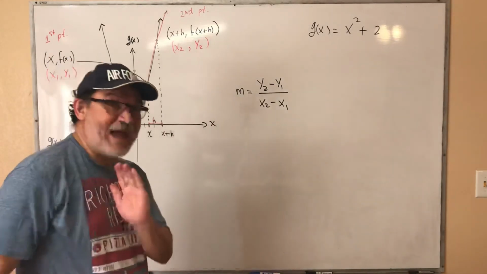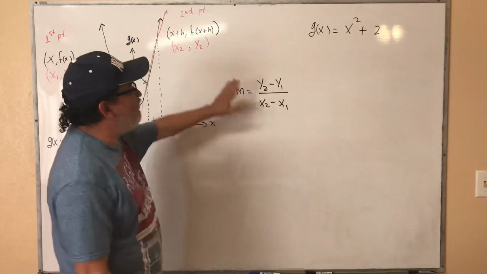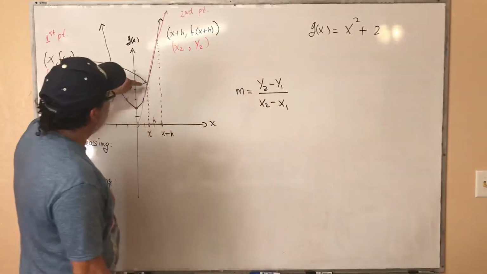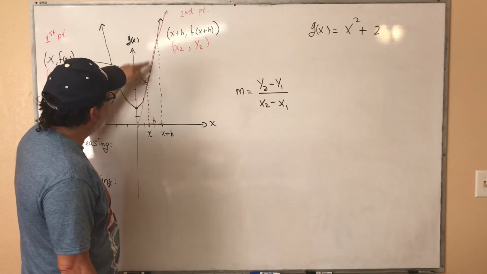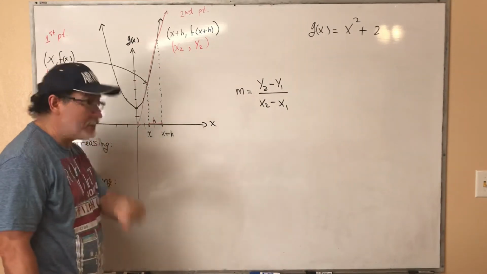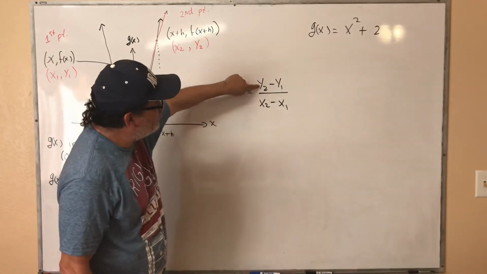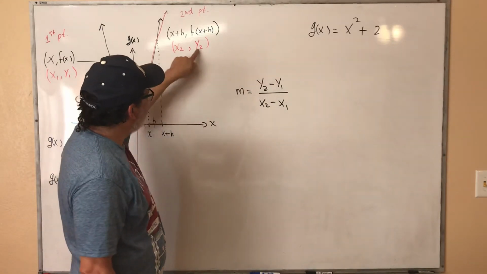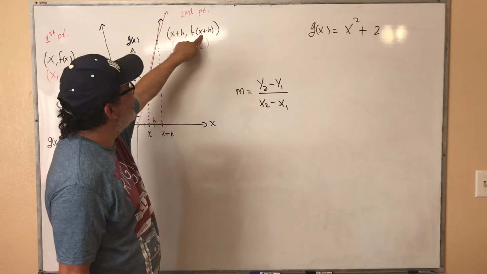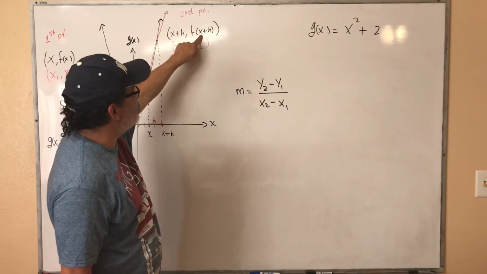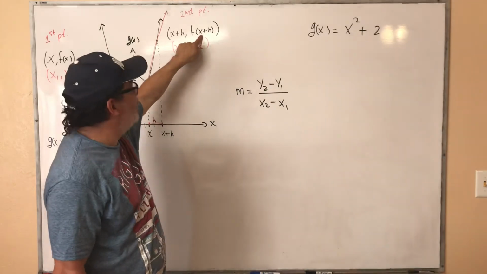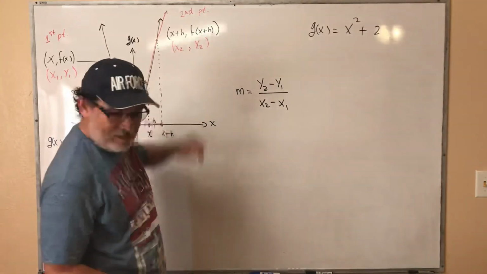Okay, watch what's going to happen. I'm going to find the slope of this red line between this point and that point. Okay, y2. What's y2? Right there. That's y2. Do you see it?